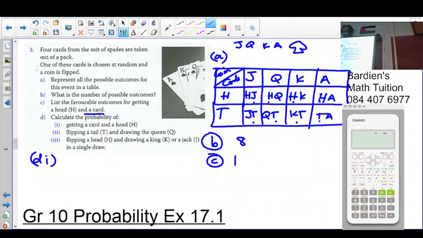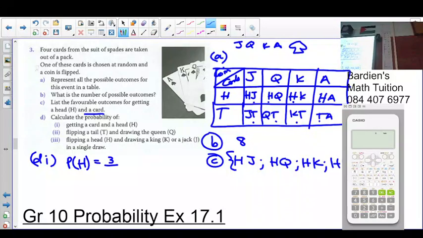So it can be jack, it's queen, it's king, it's ace. Now D1, getting a card that is a heads, the probability is going to be 4 out of 8. That is the calculation we just did in the previous question.